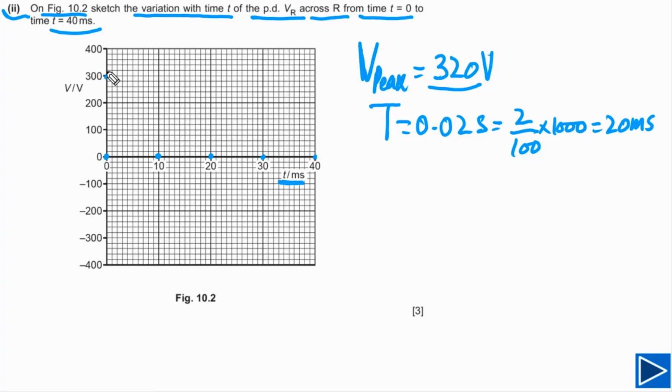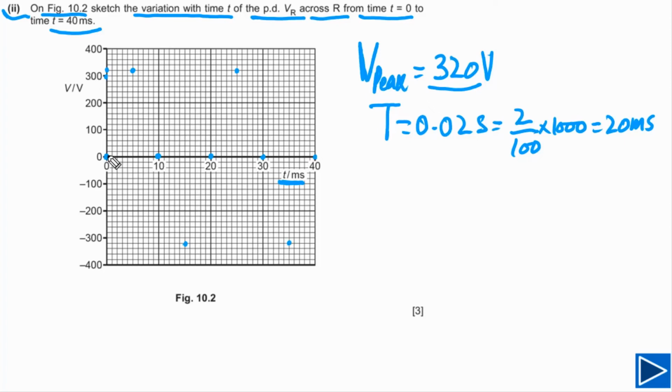This is 300, so here we will have 320. We can mark 320 halfway between 0 and 10. So here we will have the first peak value, the second peak value somewhere here, the third one here, and the fourth peak value here.